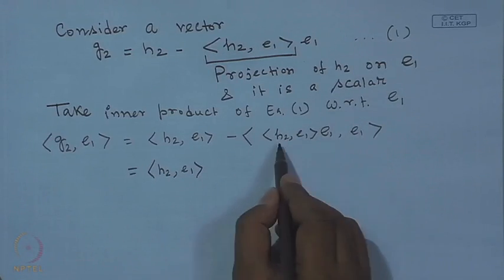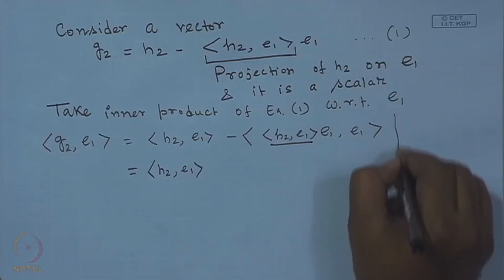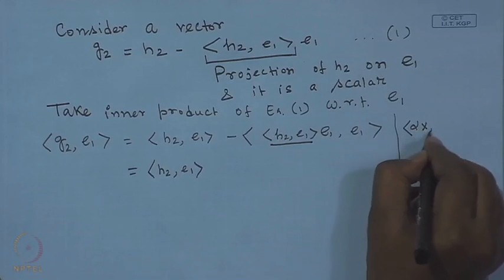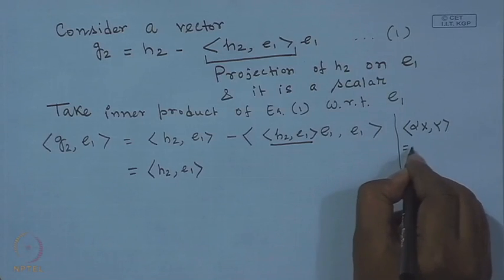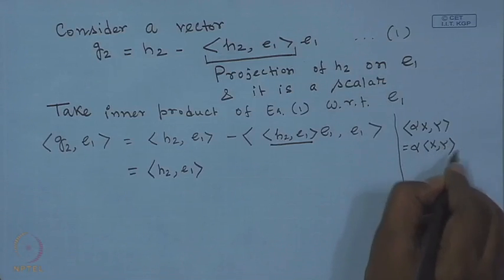In this equation, the inner product of H2 and E1 is nothing but a scalar, and if we remember the property of the inner product, if it is inner product of alpha x and y, where alpha is a scalar multiplier, then this should be alpha times inner product of x and y.